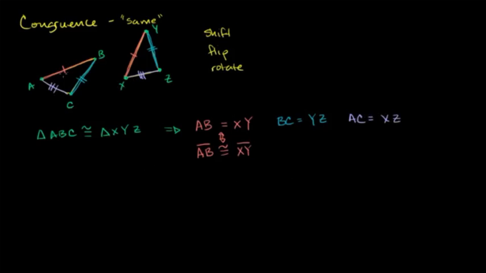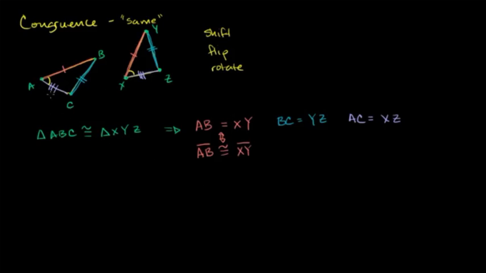Not only do we know that all of the corresponding sides are going to have the same length, if someone tells us that a triangle is congruent, we also know that all the corresponding angles are going to have the same measure. So for example, we also know that this angle's measure is going to be the same as the corresponding angle's measure. And the corresponding angle is right over here. It's between this orange side and this purple side.